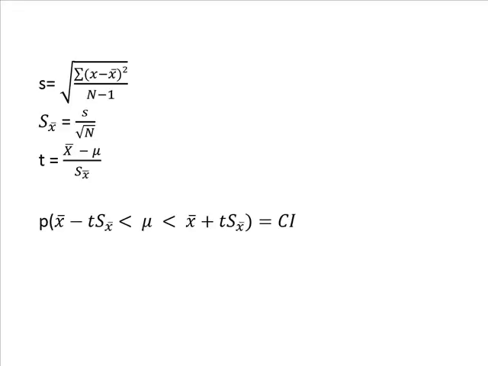Now, fortunately, for the most part, you're going to be given these things. You're going to be given s. What you need to do is start to pay attention to n. If n is 185, do we need to use Student's t?